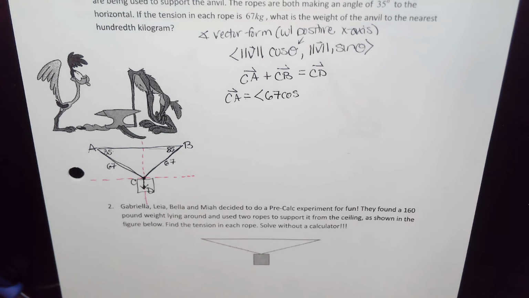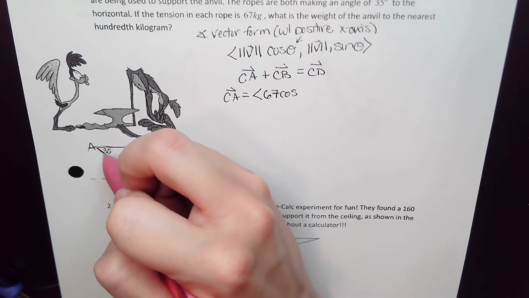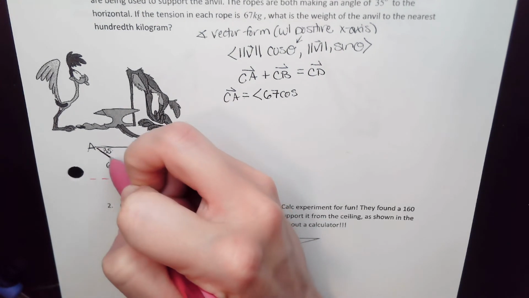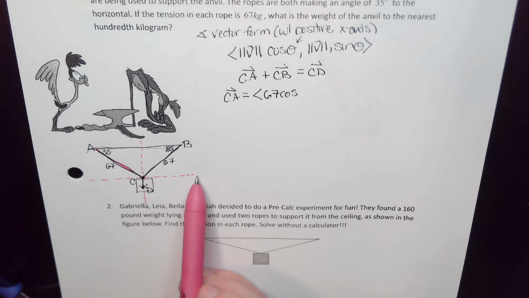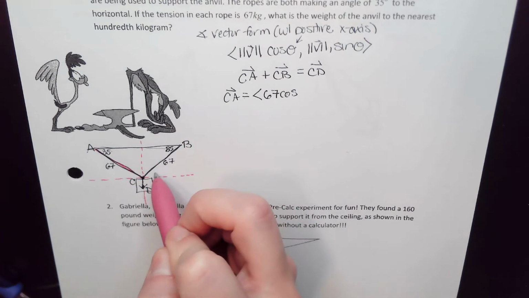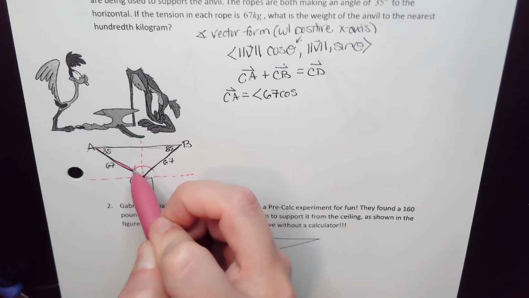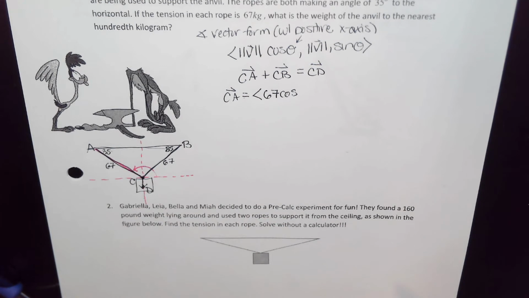So if I want to figure out the angle that vector CA forms with the positive x-axis, which is over here, this is the side that's positive, just like when we measure any angle, it goes counterclockwise from that positive x-axis. So that's our theta. We need to find that angle.